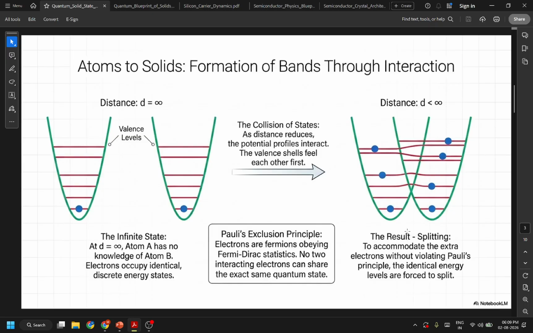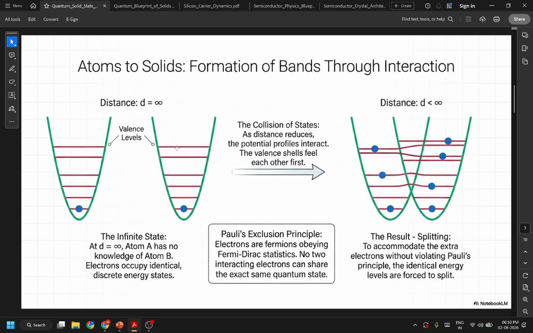The result is that Pauli's exclusion principle now comes into play, which states that electrons are fermions, which obey Fermi-Dirac statistics, which means that no two interacting electrons can share the exact same quantum state. When they were separate, the states were identical.